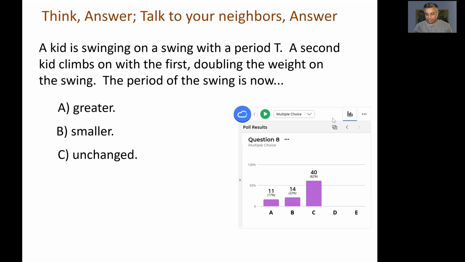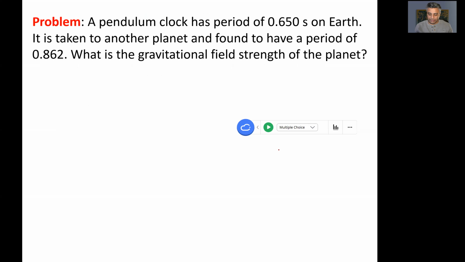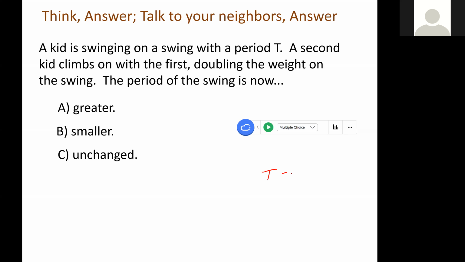Let's see what we got. Mostly C, and that is correct answer. Why is that correct answer? Can somebody explain that? Period does not depend on mass. That's right, it's irrelevant for the period. That's right, Sila. Thank you.